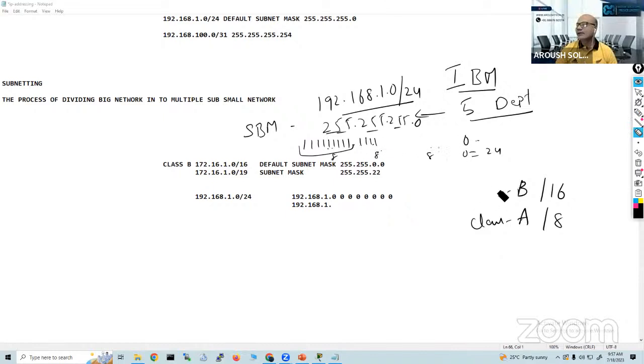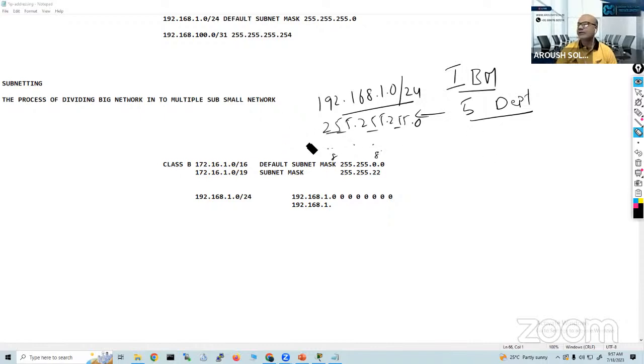So let's come back now. My requirement is, this is the company where I'm working now. I have 5 different departments in my organization. This is the IP address my manager has given, so please do the subnetting and assign it for the end user devices.